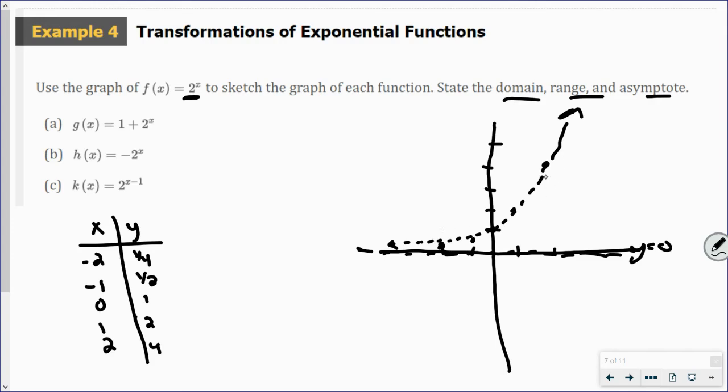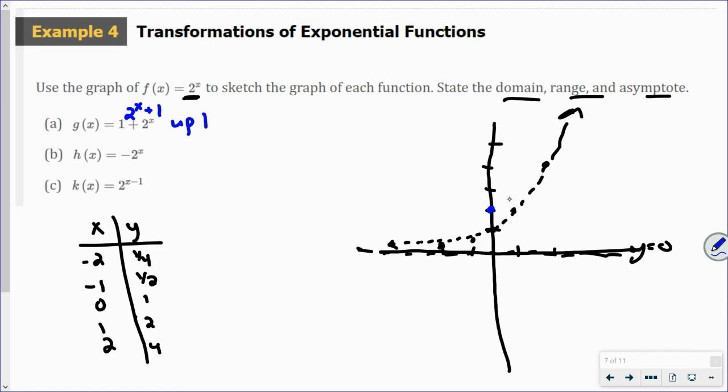These are only dotted because it's not my ending graph. This first one we'll do in blue. It's written a little bit backwards than what we normally see, so 2 to the x plus 1 is the same thing. This is the parent function, and that plus 1 has it go up 1. So I'm taking these 5 dots and going up 1.